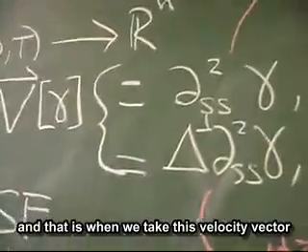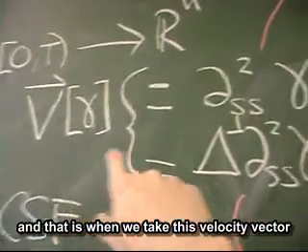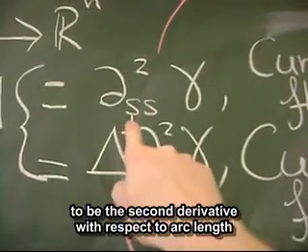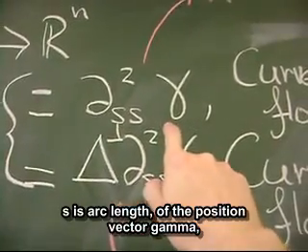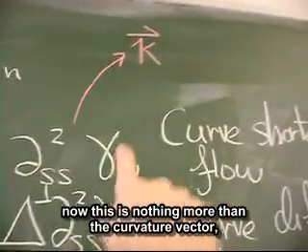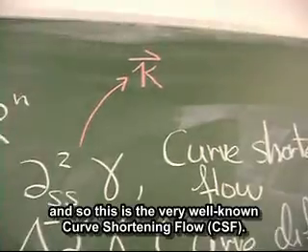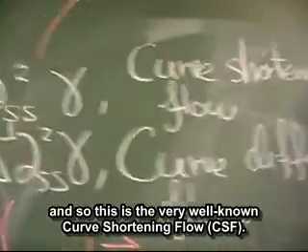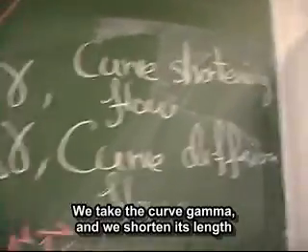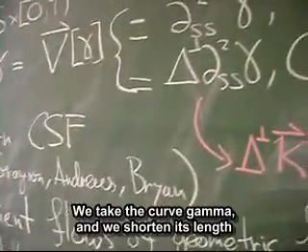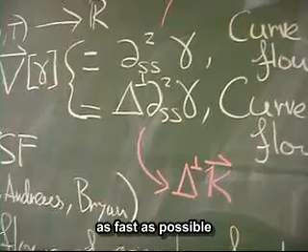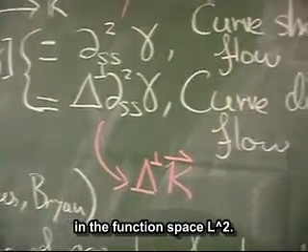The first is when we take this velocity vector to be the second derivative with respect to arc length, s is arc length, of the position vector gamma. This is nothing more than the curvature vector, so this is the very well-known curve shortening flow, where we take the curve gamma and shorten its length as fast as possible in the function space L2.